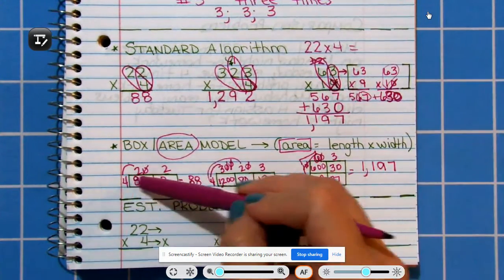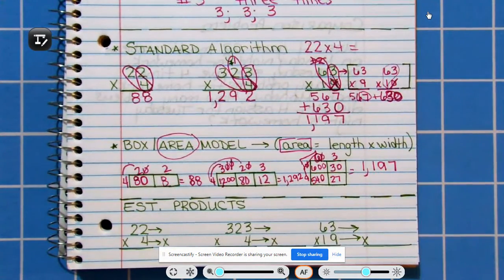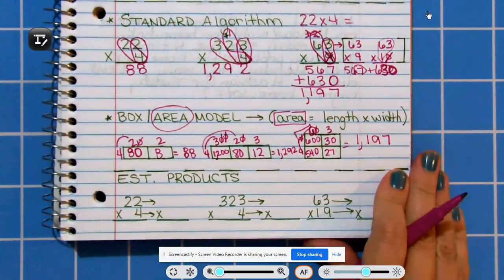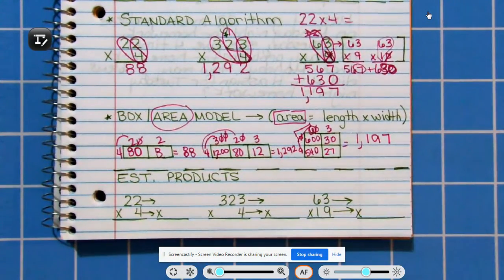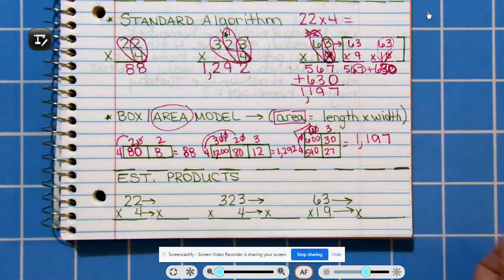So again, this is just a second way to solve the same problem, or a way to check yourself to make sure you have the correct answer. Remember, when you are estimating products, you want to round to the front digit because we want to have the zeros at the end, just like we used here.